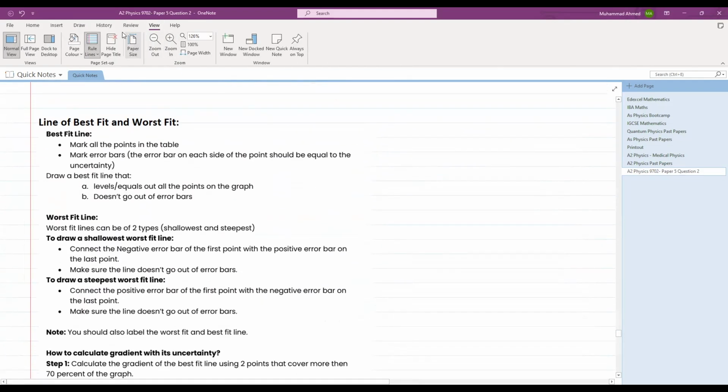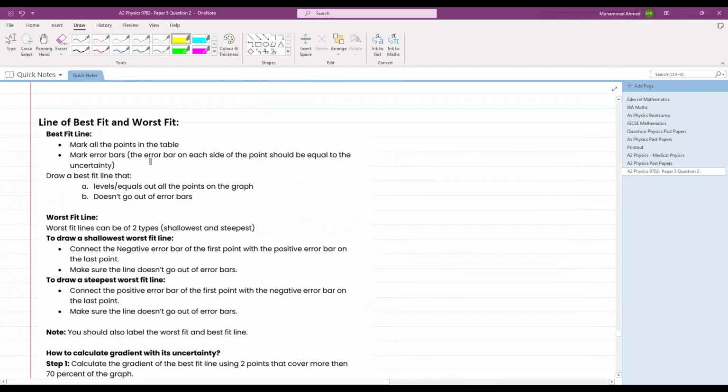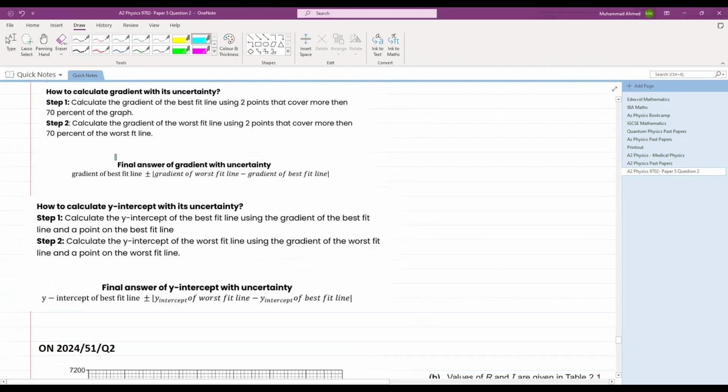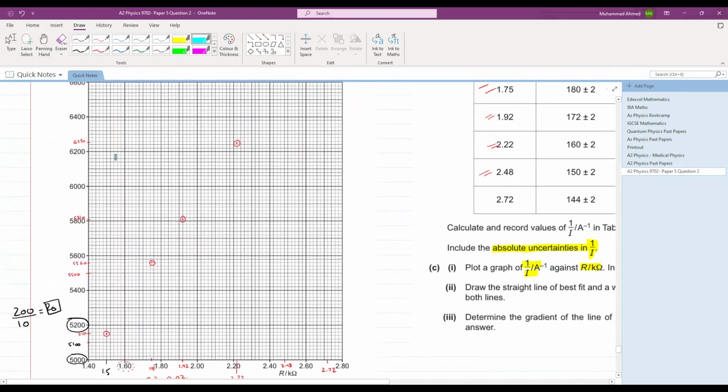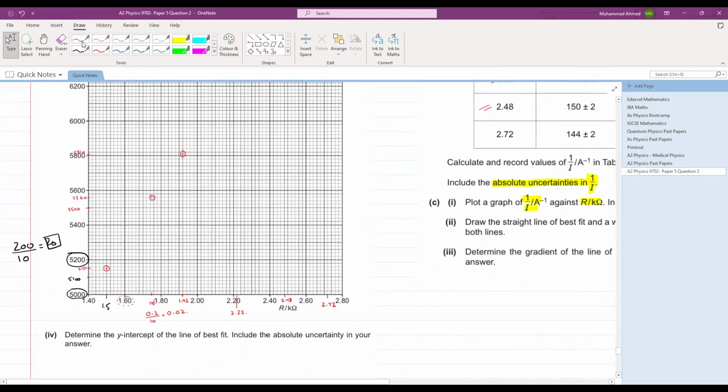Line of best fit is a line that levels out all the points on the graph. And before even drawing the line of best fit, it is advisable to mark the error bars.